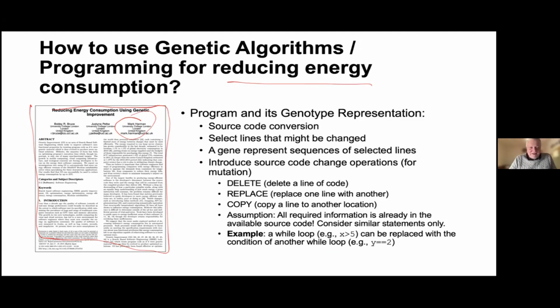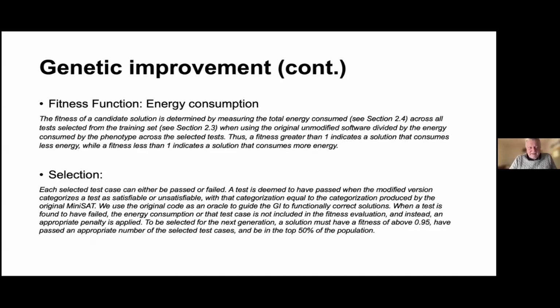It's one paper showing how genetic algorithms can be used to change the program, but focusing this time on making a better program in terms of energy consumption. So what the authors suggested was to add the energy consumption as fitness value, but maybe also some other aspects like passing and failing test cases.